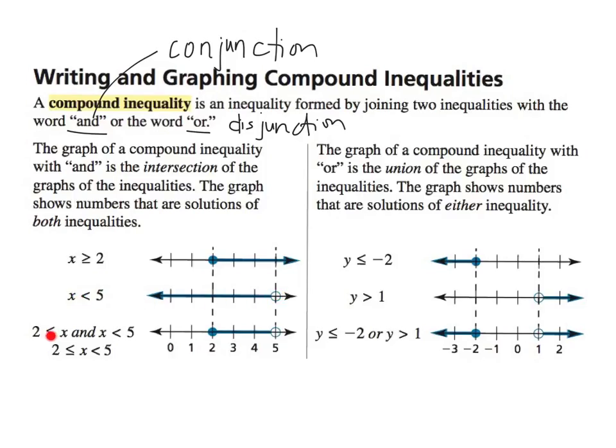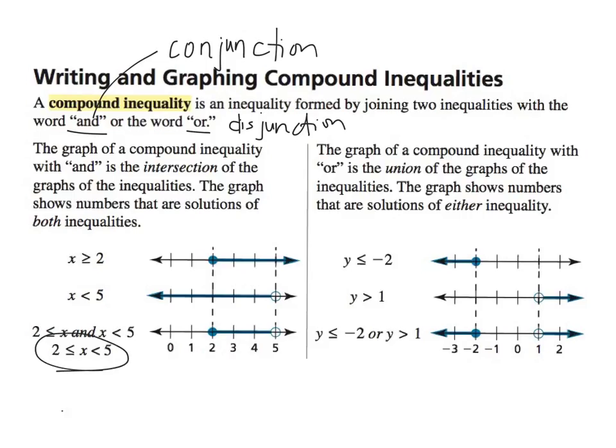Now, if I intersect them, that means I want the part of this graph that is greater than or equal to 2 and less than 5. So it's the overlapping region. If I combine these two graphs, you'll notice that this part in the middle overlaps. So solid dot on 2, open dot on 5, I shade in the middle. Those are the solutions that make both these inequalities true. And I can write it like that.